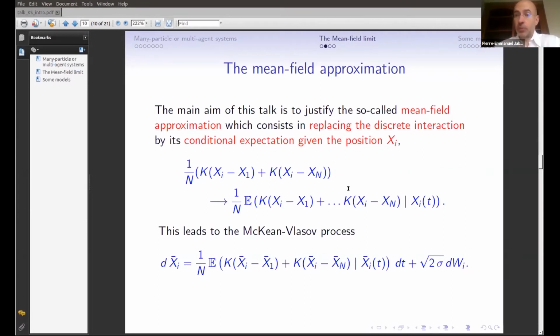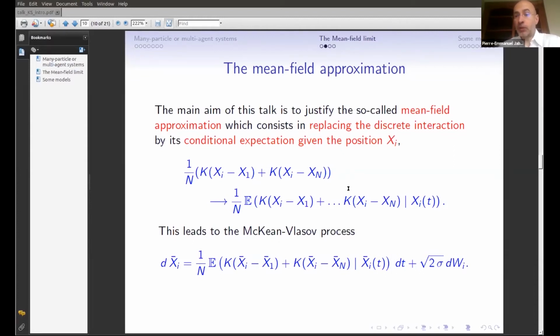Now, this is not a coupled system of SDE anymore, because if I want to solve that, I need to find the joint law of particle 1, particle 2, and so on, till particle n, knowing particle i. So again, this is a different type of system.